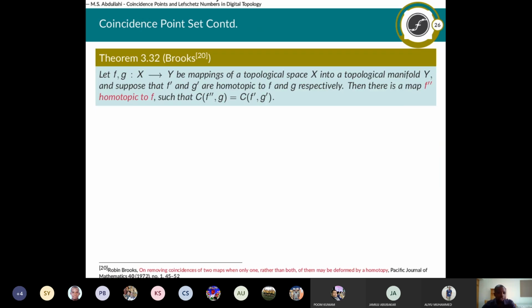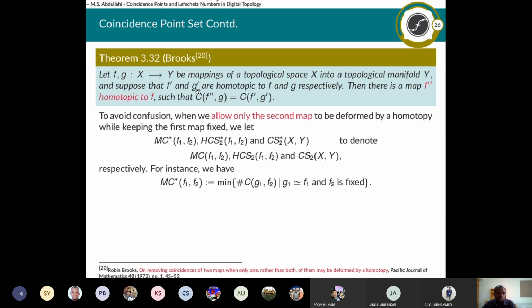So another classical result we consider and try to give its digital analog is the result by Brooks, which says that if we have two topological spaces, and we have two functions such that f prime is homotopic to f, g prime is homotopic to g, then we can always have another function f double prime which is homotopic to f, such that this coincidence set is the same as this coincidence set.